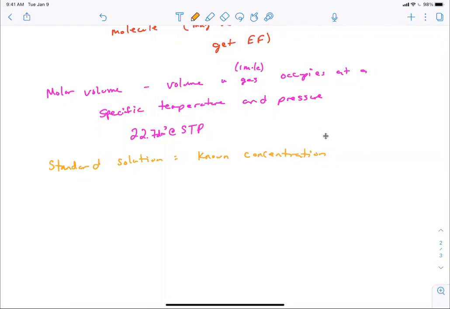We usually use standard solutions to calibrate other solutions, like in a titration or in comparisons or calibration of pH probes and stuff like that. So when we have our Vernier pH probes, they can deviate from the set values. And so you put them into standard solutions of known pH of 4, known pH of 7, known pH of 10 to calibrate them occasionally to make sure that the readings are still consistent for your experiments.